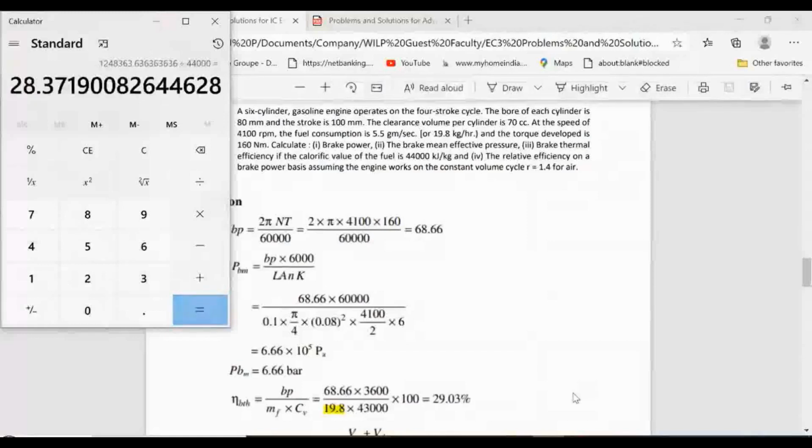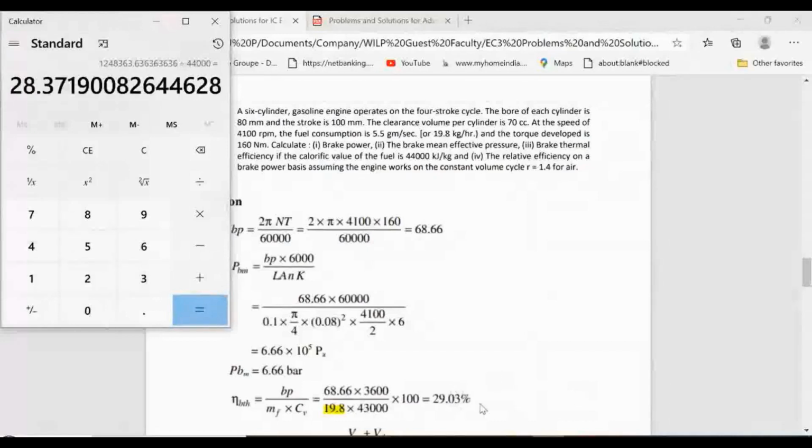Okay, so you get 28.37 percentage. It is not 29, it will be 28.37. You correct this accordingly. Yes, if you are assuming, you can assume 43, but they gave the value directly, it is 44.